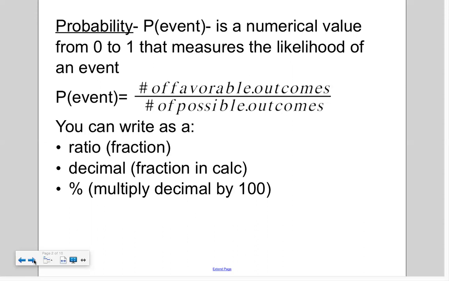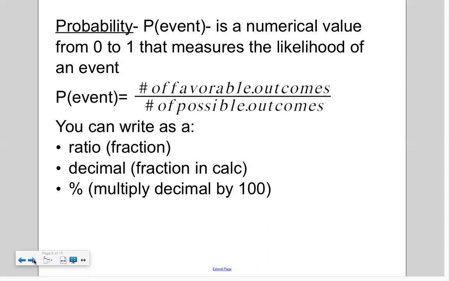You hear a lot of things where it's like 50%. Well, 50% is equal to 0.5, so that's still a number between 0 and 1. Or it happens a quarter of the time, 1/4 of the time. That's still a number between 0 and 1.